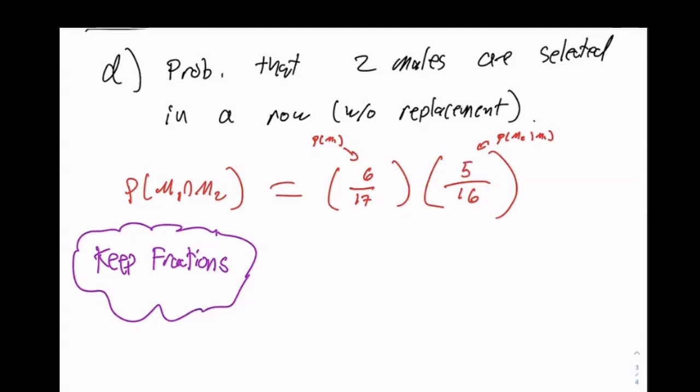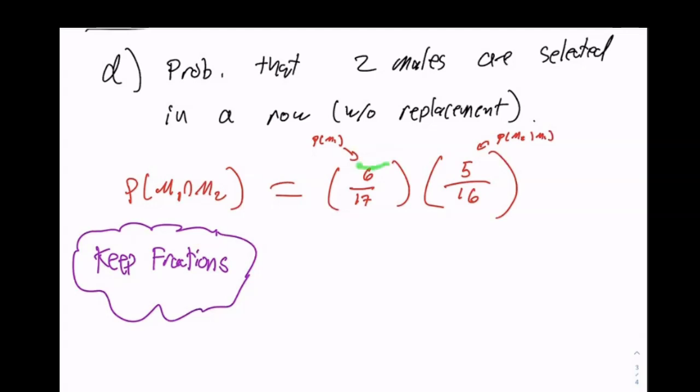Okay? So the whole premise of this lesson is on this idea. The first one is a no-brainer. 6 out of 17 should be a no-brainer. Nobody should have problems with that one. Period. If you're asking me why it's 6 out of 17, I'll be very blunt, drop the class.